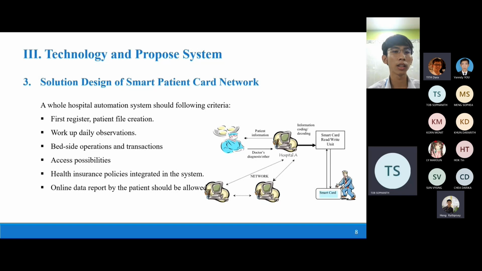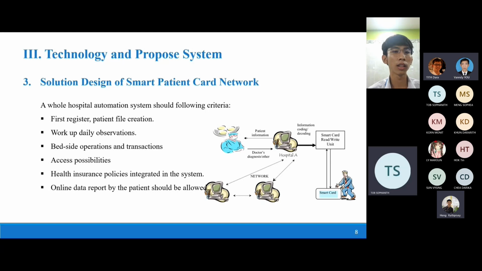It doesn't store the medical data. It works to store the private key and is used for the encryption. And the private key is used to decrypt the medical data in the systems.